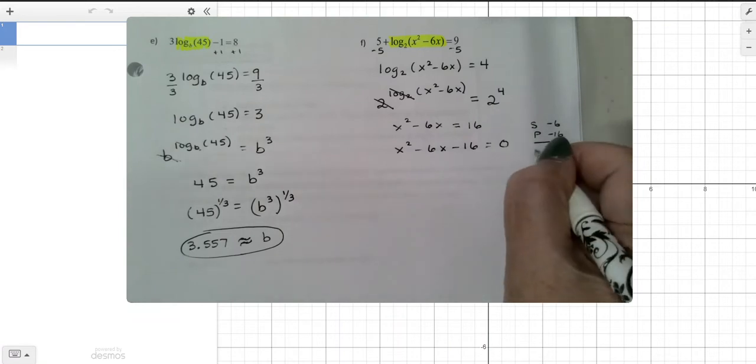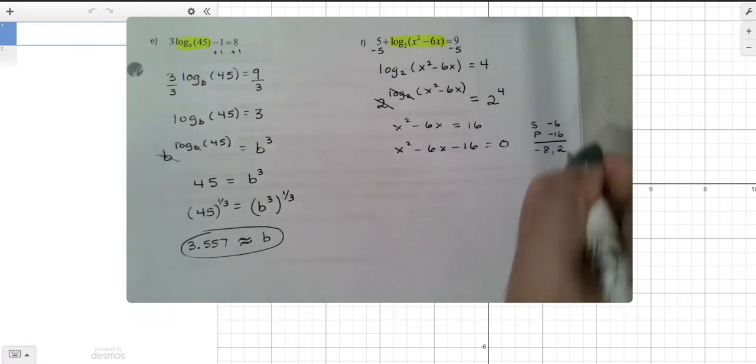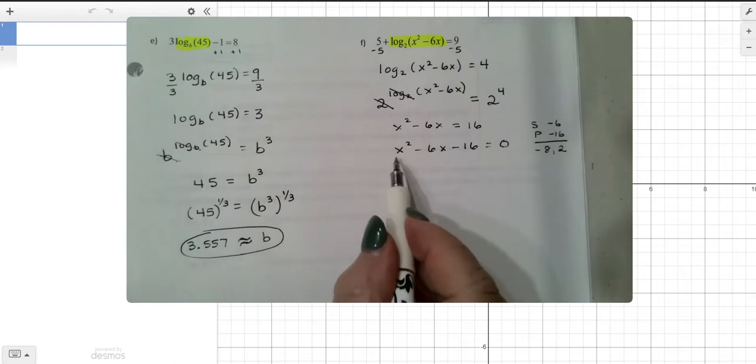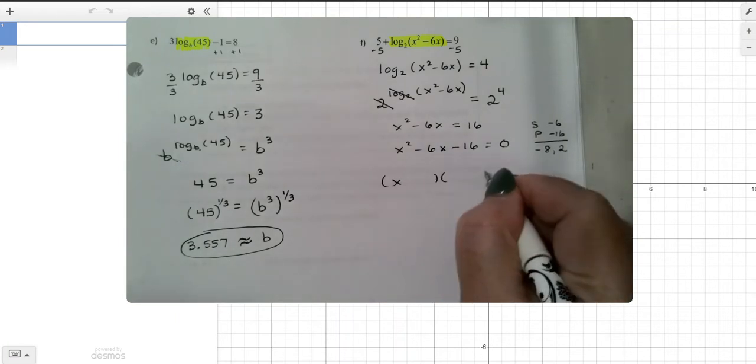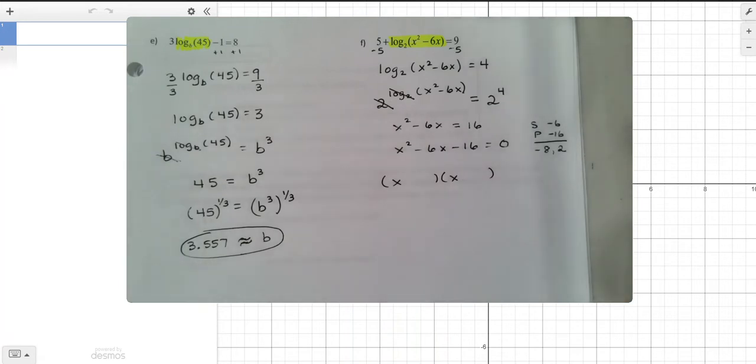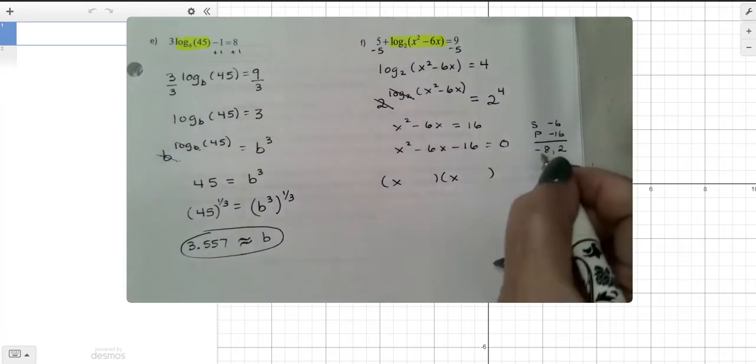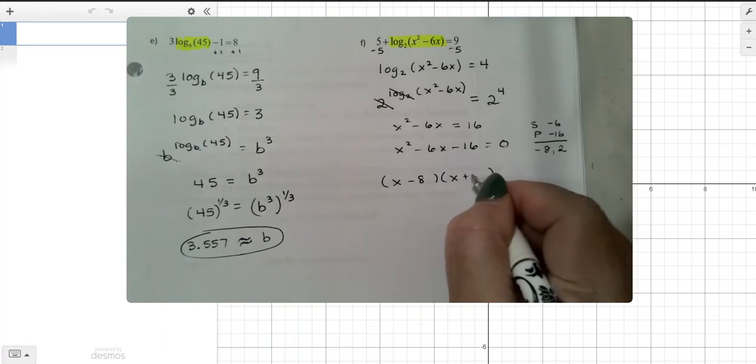So I'm thinking -8 and 2 here. And since that's just a 1x squared, I can use sort of the shorter version. I know how to split that up as x times x, and then -8 and +2.